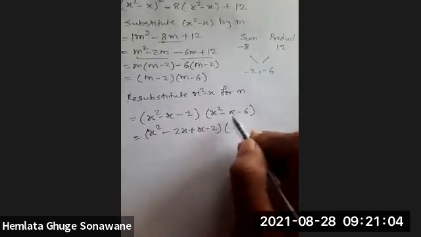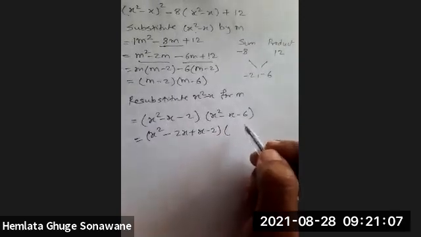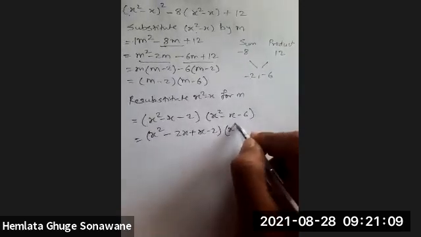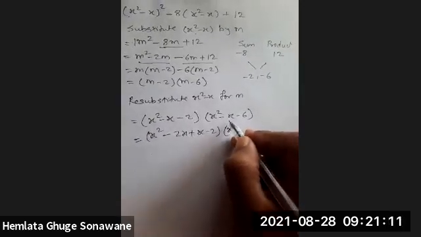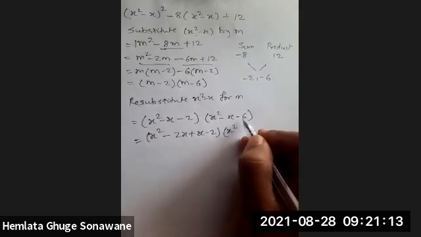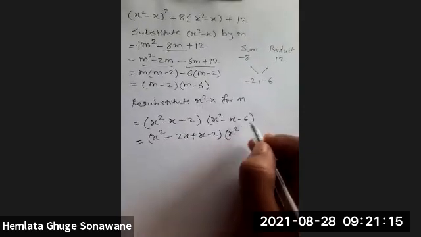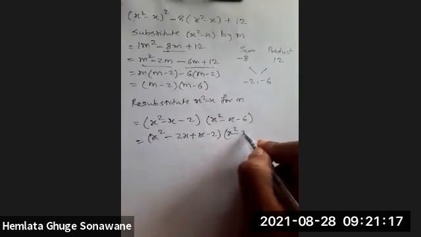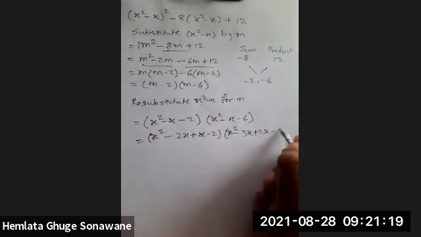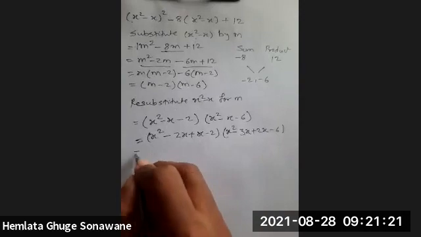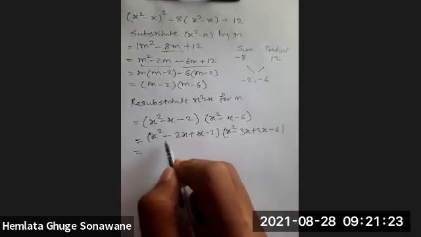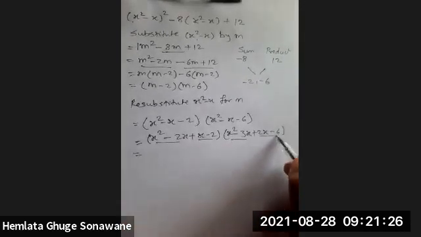and x square minus x minus 6 becomes x square, sum should be minus 1 and its product should be minus 6. That is x square minus 3x plus 2x minus 6. Now we'll take common factors here.